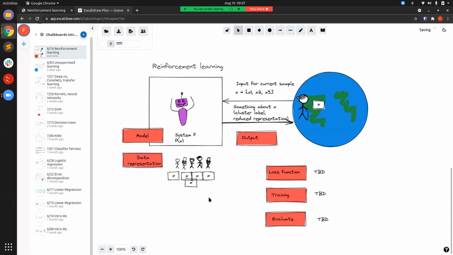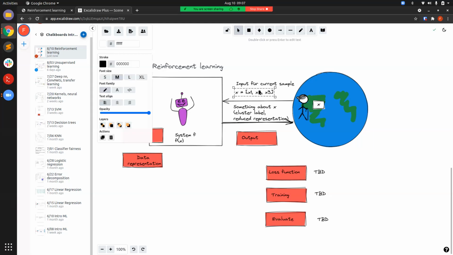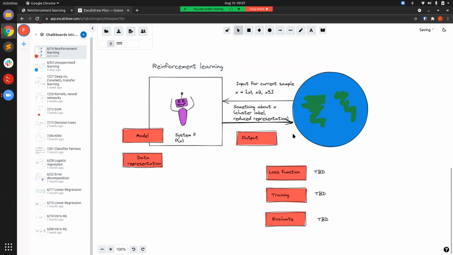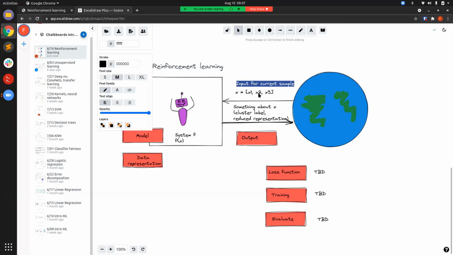So with reinforcement learning, we have some system F again. And the system F will interact with the world. So it will first observe something about its state in the world. So it will observe its environment. So it gets some observations about its environment.